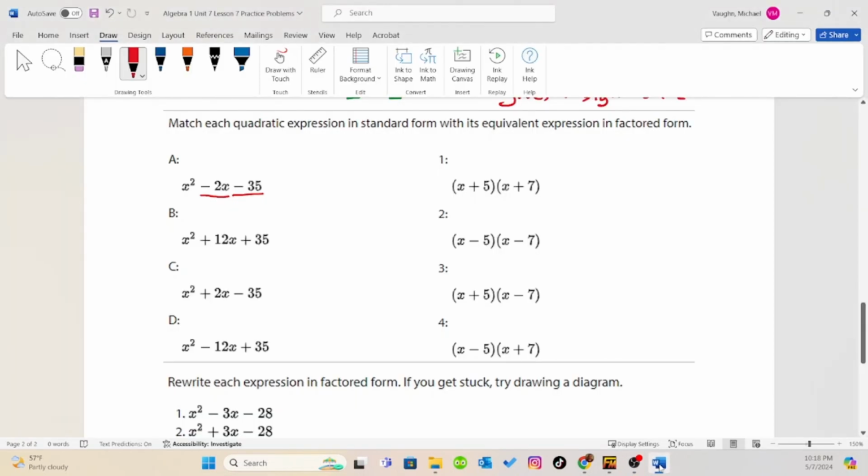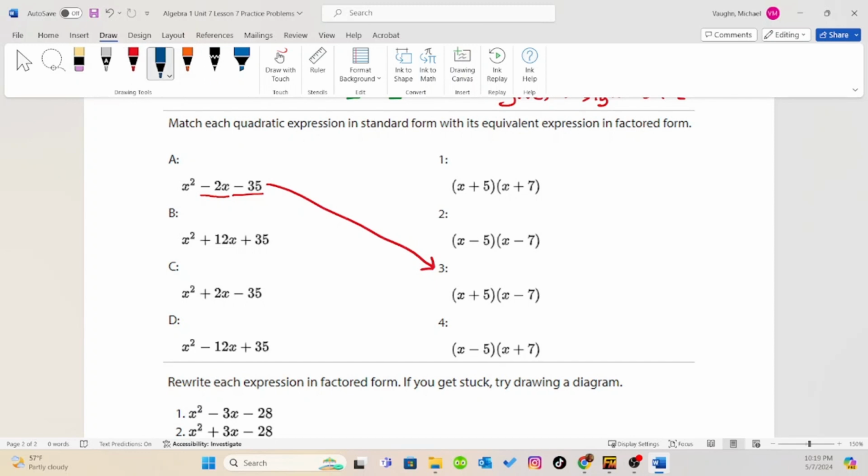So if we're thinking through the factors of 35, we have 1 and 35, but they're separated by 34. Then we have 5 and 7, and they're separated by 2. So that means we want 5 and 7, but we want the 7 to be the negative. So as we look through, we want a positive 5 and a negative 7. So A must match number 3.